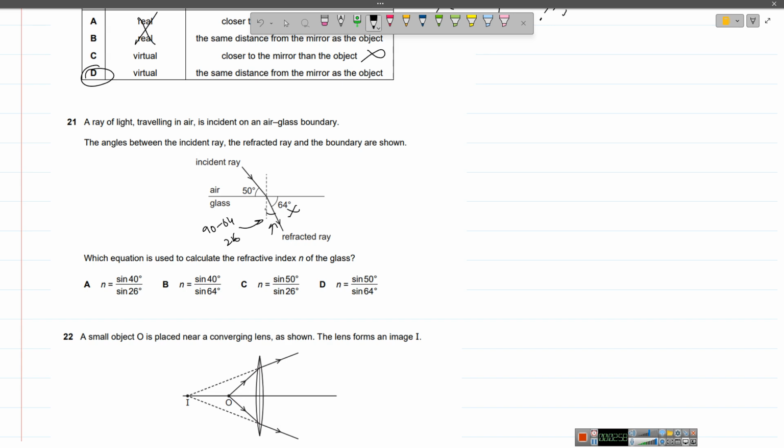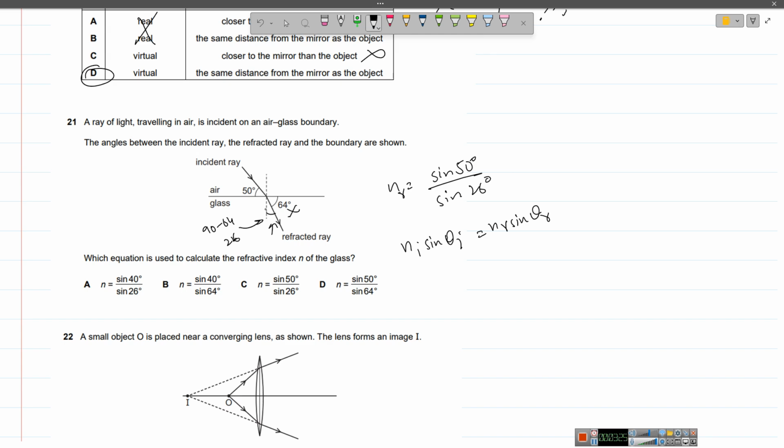So which equation relates to the refractive index of the glass, right? So n is equal to sine theta I over sine theta R, that is going to be sine of 50 divided by sine of 26 degrees, right? Let's recall the whole formula, which is Ni sine theta I is equal to Nr sine theta R, right?